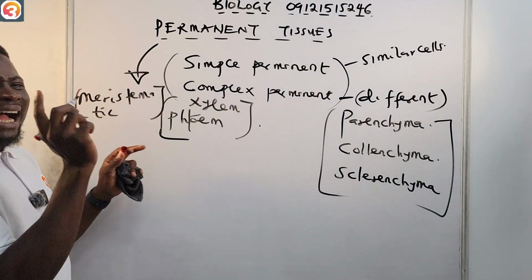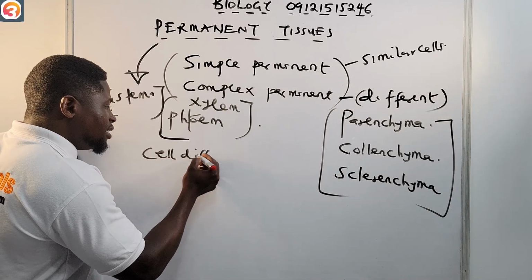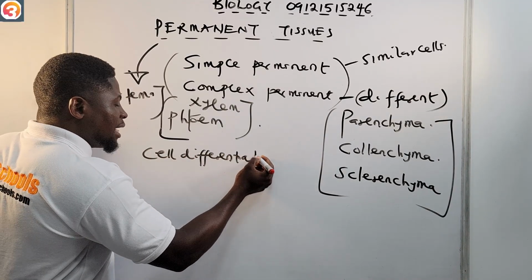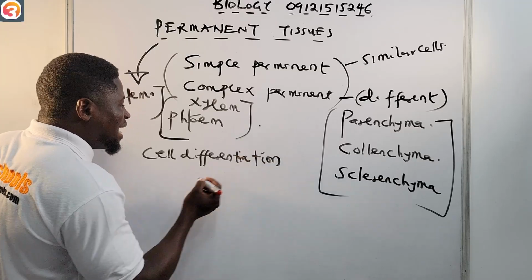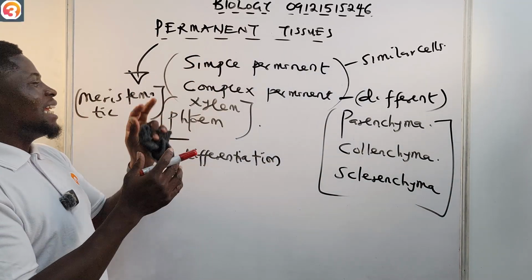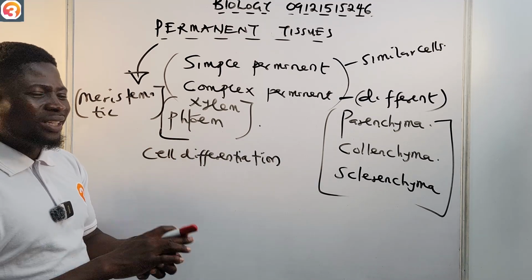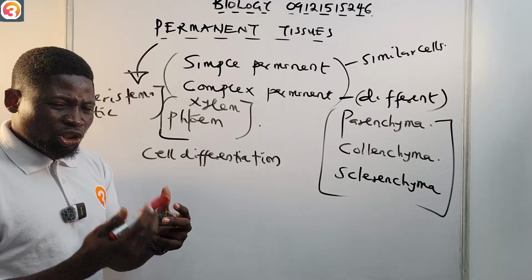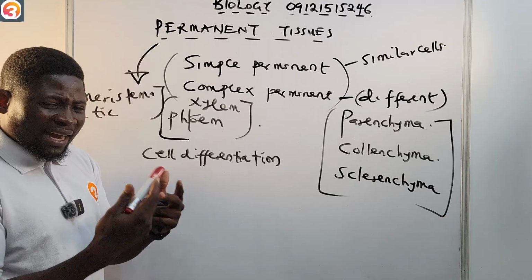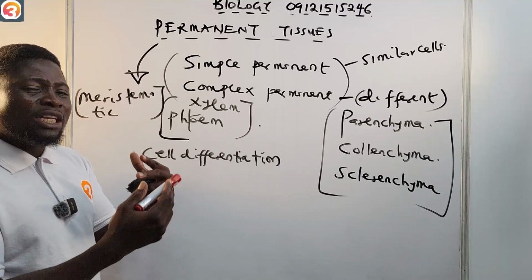Meristematic tissues, and that comes due to cell differentiation. Permanent tissues are formed from the meristematic tissues due to cell differentiation. As the cells keep dividing, it gets to a point where they become permanent tissues.